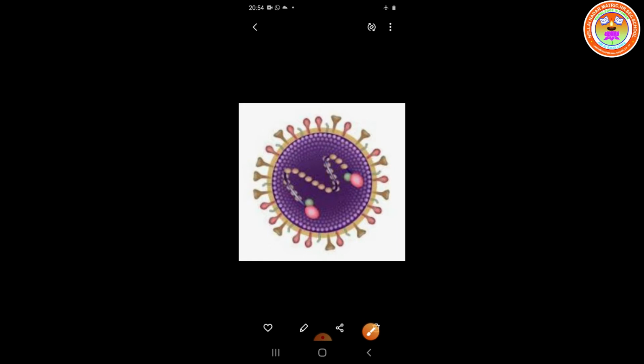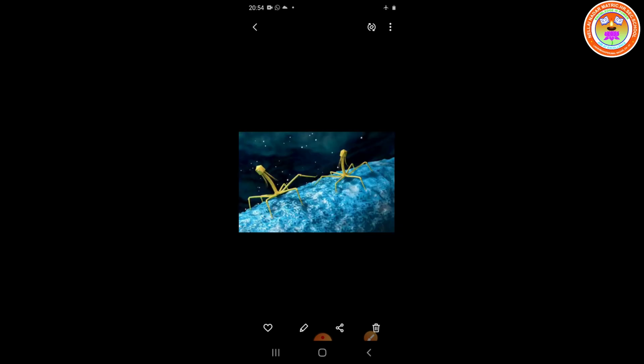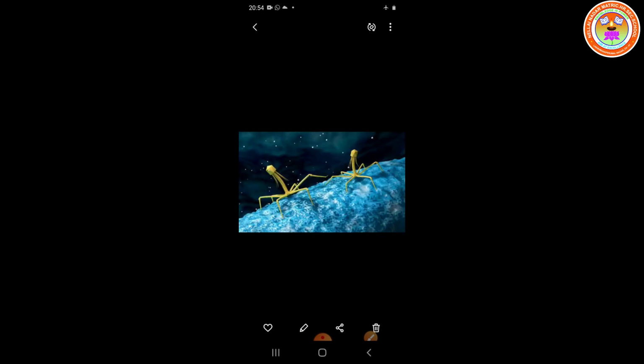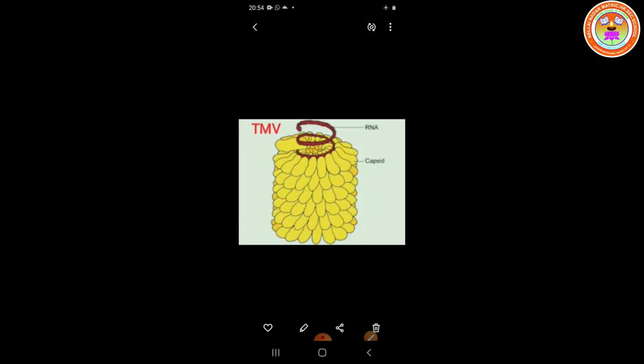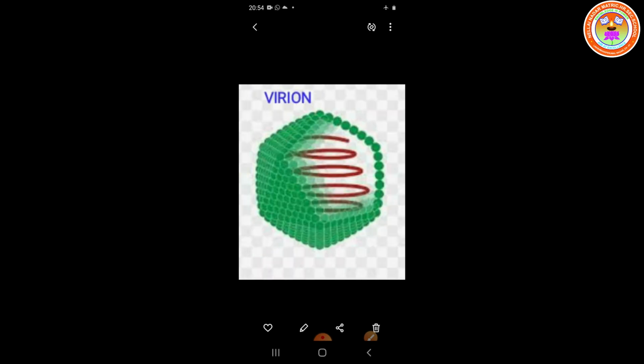Based on the nucleic acid, the viruses are divided into two types: DNA virus, example T4 bacteriophage, and RNA virus, example tobacco mosaic virus, TMV. The simple virus particle is often called a virion.